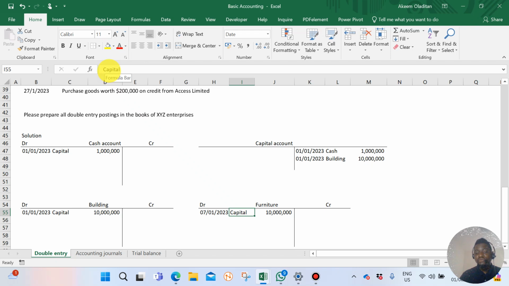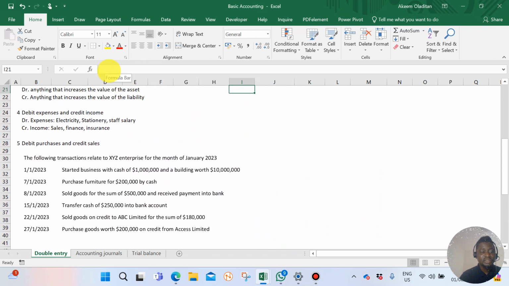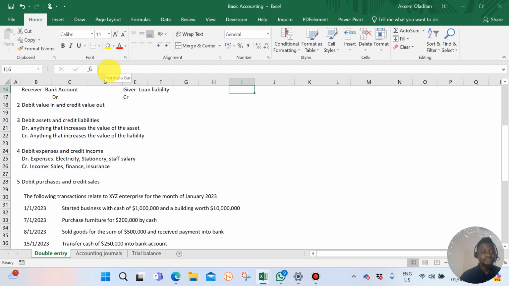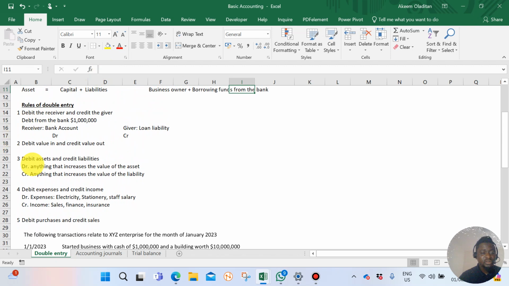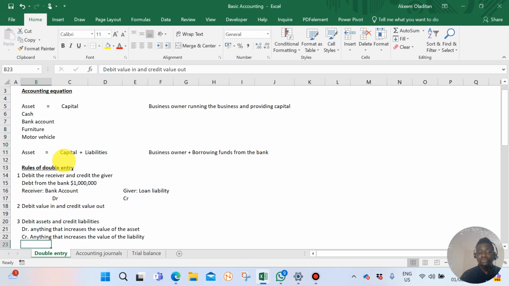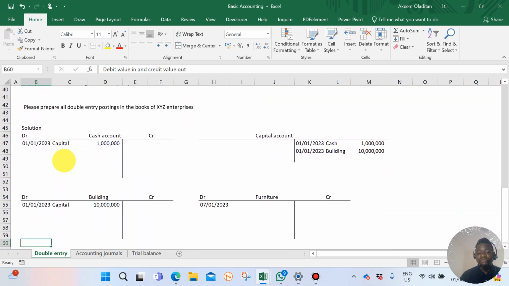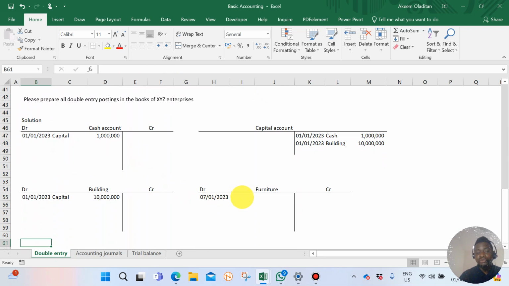But don't forget that in the rule of double entry, let's go back to the rule so that we can understand. This is purchase furniture. We said debit assets and credit liability. Like I mentioned earlier, when I was explaining what constitutes an asset, I mentioned furniture there. So furniture is an asset. When you purchase furniture, it increases the value of an asset in furniture. How do you purchase? You purchase through cash. How much is this? $200,000.